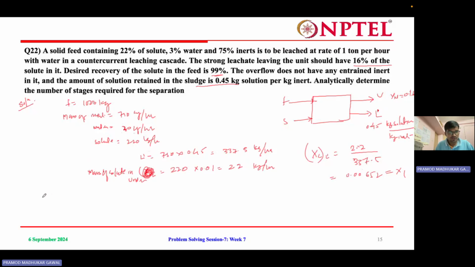Now you have to make a solute balance. So solute in the underflow plus solute in the overflow, that's V, equal to the feed.